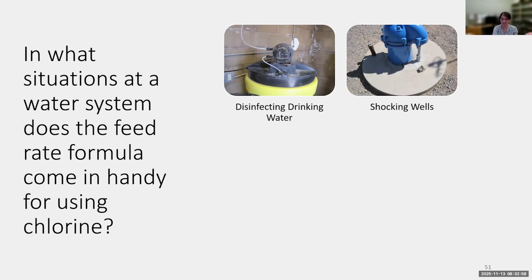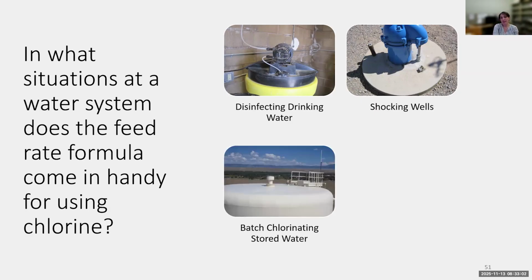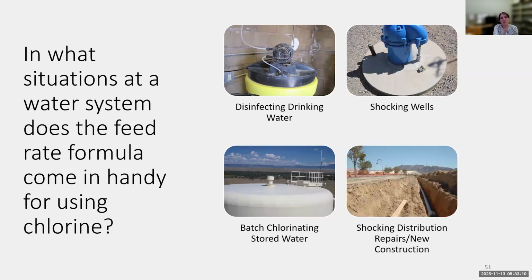You can use this feed rate formula to figure out how much chlorine you need. If you want to batch chlorinate your stored water, like you would in a clear well. You could also use it to know how to proactively shock your distribution lines to prevent contamination if you've had to do any repairs on your line or if you've had any new construction on your lines.